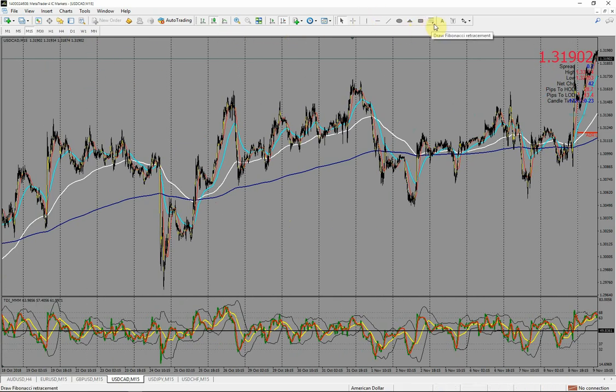I only trade the golden Fibonacci retracements and extensions. So my golden retracements are 38, 50, and 618. Understand?